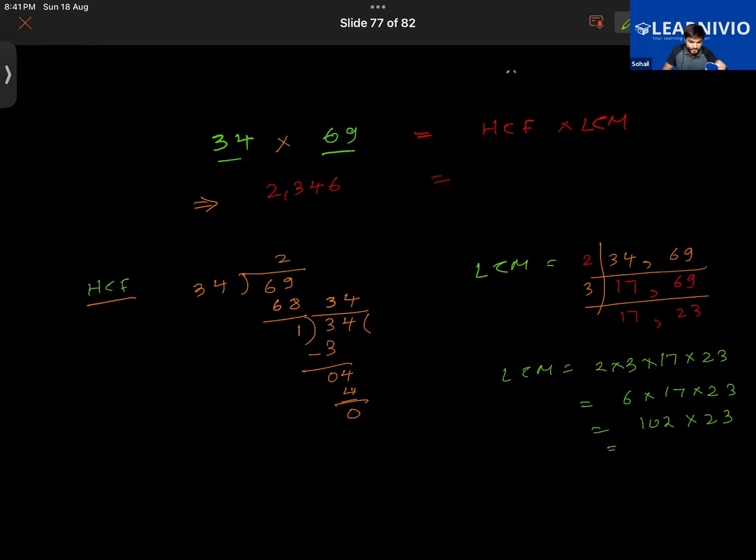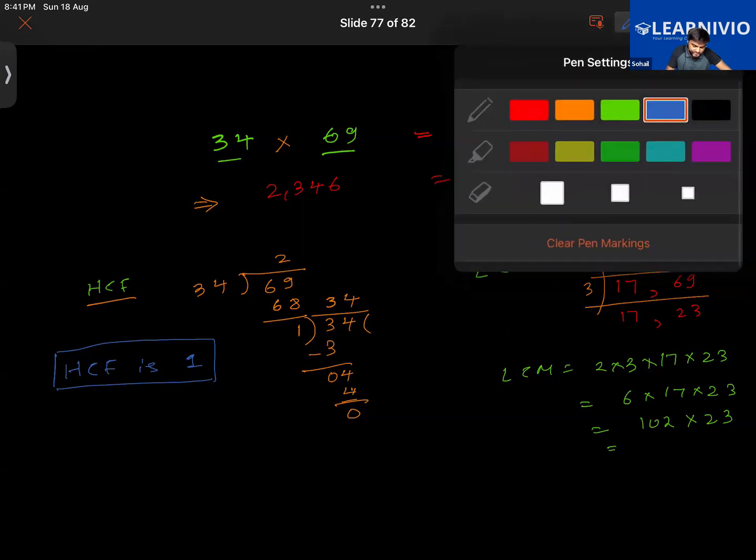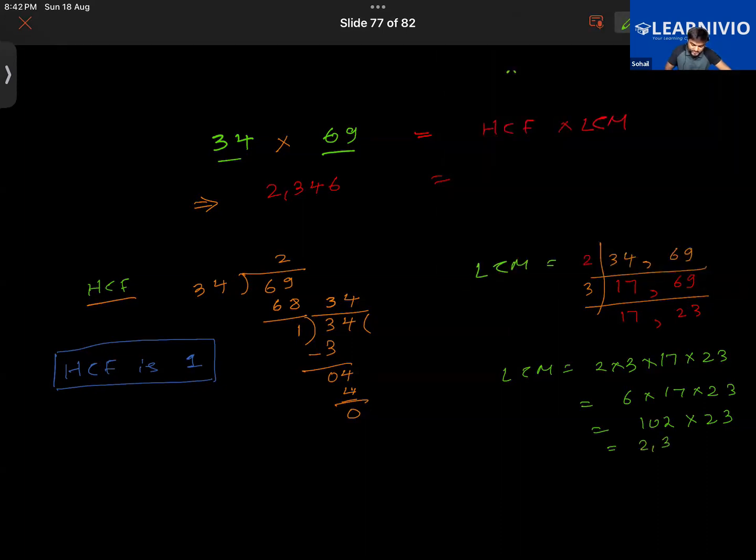Quickly do this. 2040, that is wrong. Not 2040. You should be getting 2346. Improve your multiplication. 2346 is the answer you should be getting.